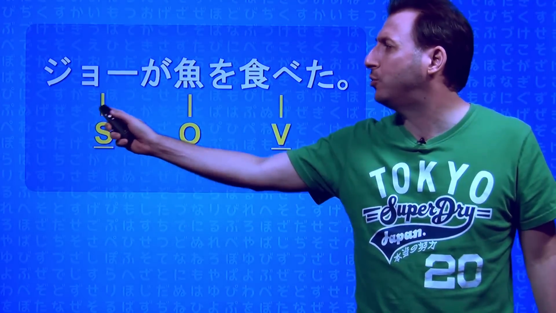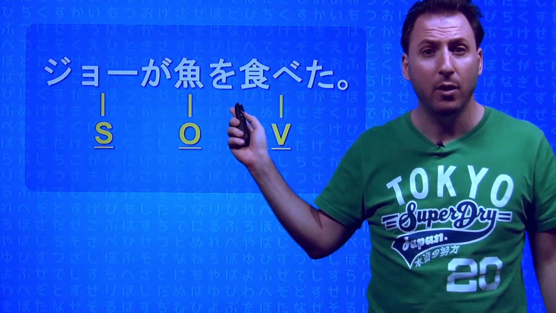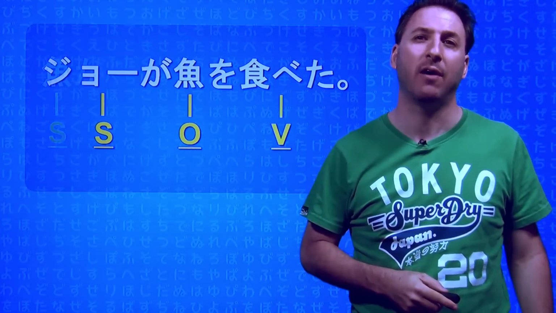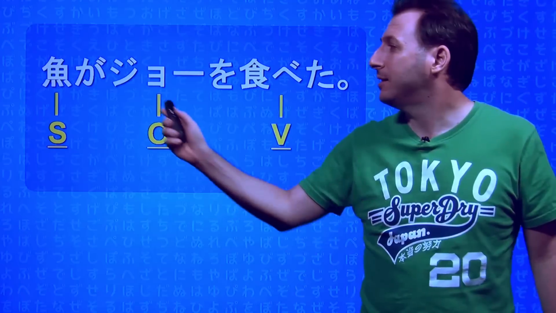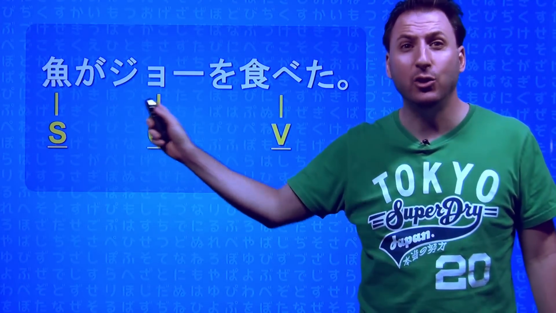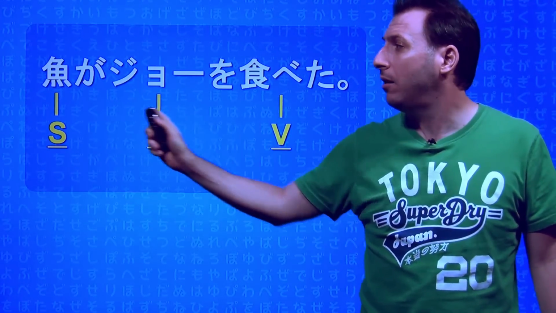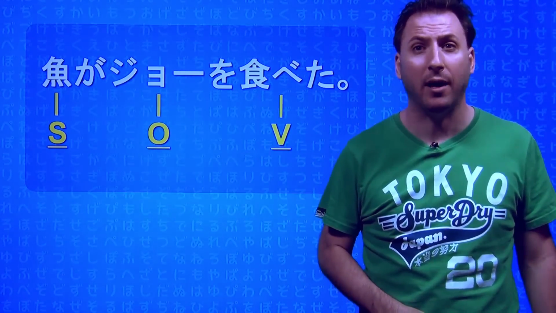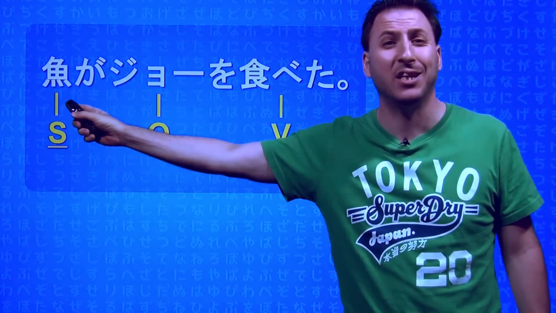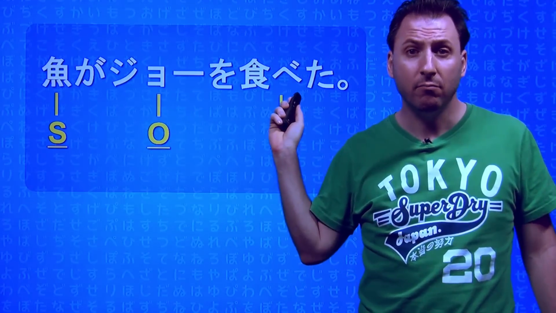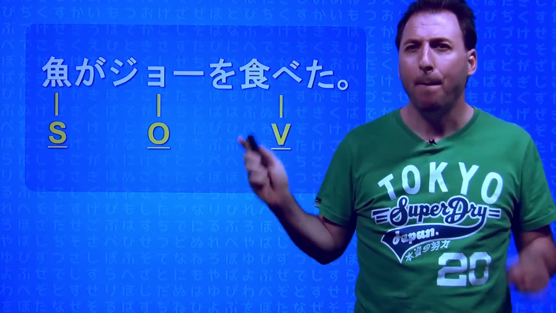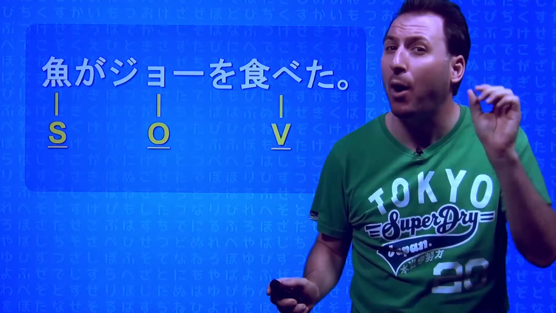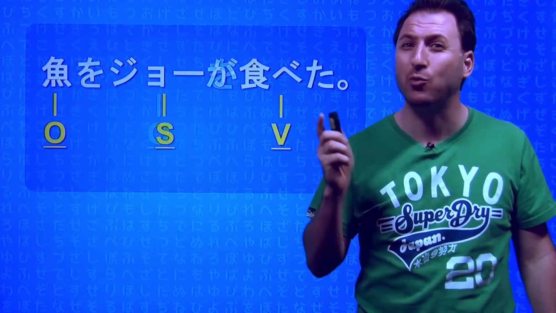So even though right now we have Joe ga sakana o tabeta, what if we switch things around? Sakana ga Joe o tabeta. Well, I kept the particles in the same spot. So now what happens is it says that the fish ate Joe. But I can switch the particles and change what happens.